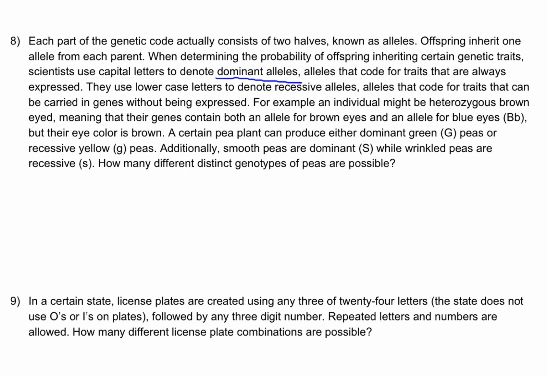Dominant alleles are alleles that code for traits that are always expressed. So that's like, if you have in your genes that you have brown eyes, you will always end up with brown eyes. Does that make sense? Yes. They use lowercase letters to denote recessive alleles: alleles that code for traits that can be carried in genes without being expressed. So this could happen.